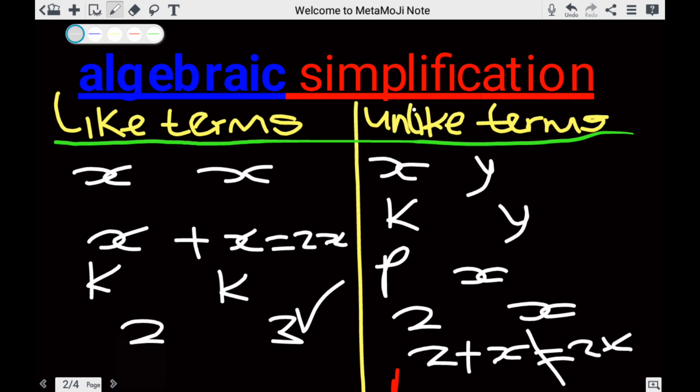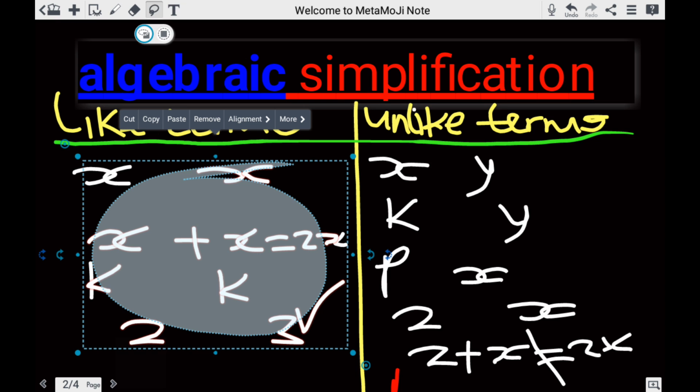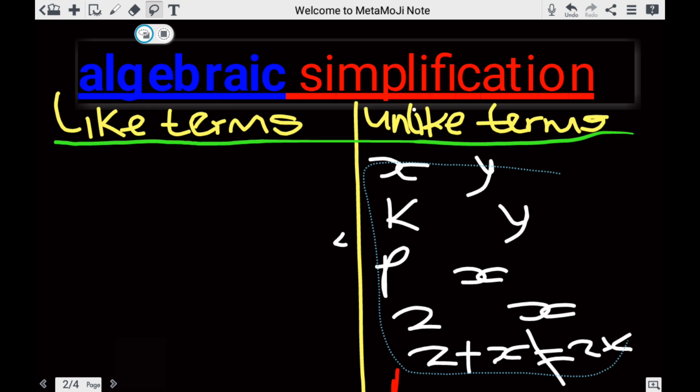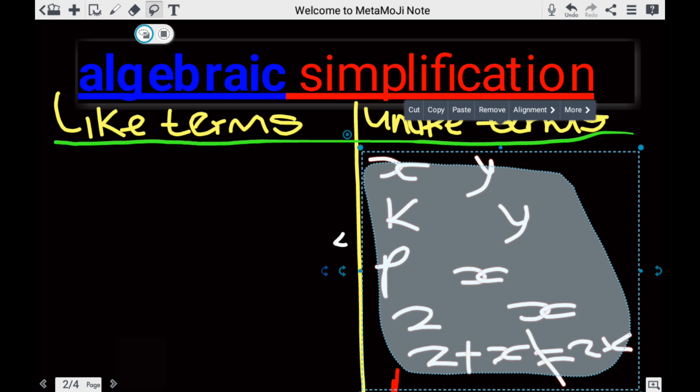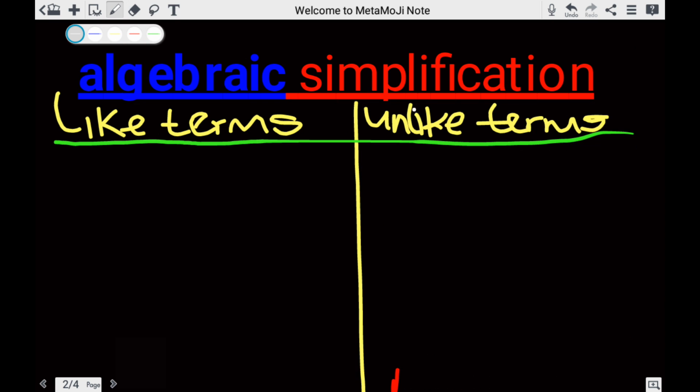Now let's talk more about this. Let me clear out this space to make room. So now let's look at pencils.